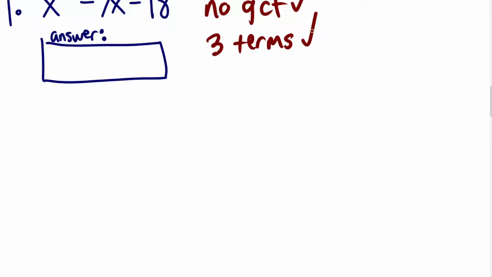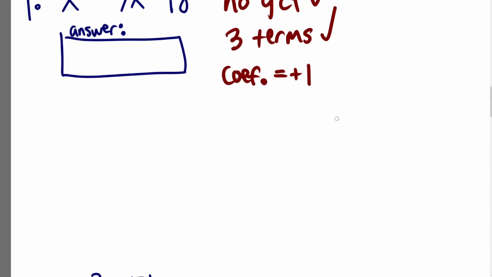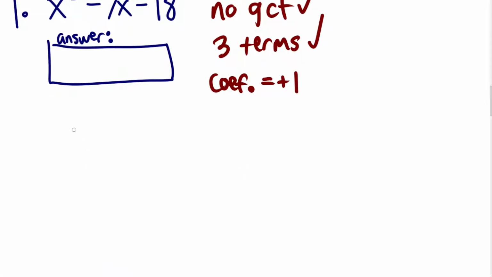Now we want to look at the coefficient of our leading term, which is this x squared. Our coefficient of our leading term is equal to positive 1. That means that Hippo Butts is probably going to be really great for us in this one. So we will do a times c, which is 1 times negative 18, which gives you negative 18. Now let's factor this down.